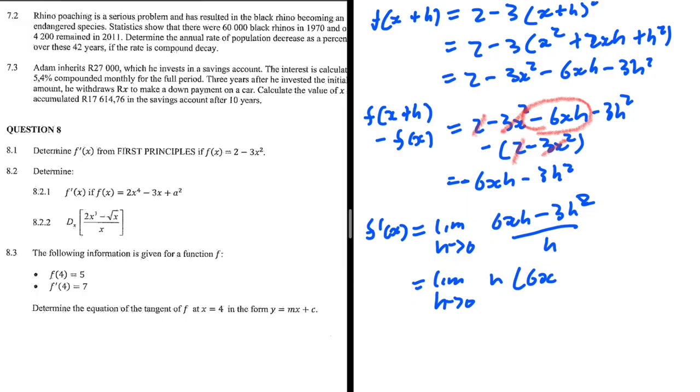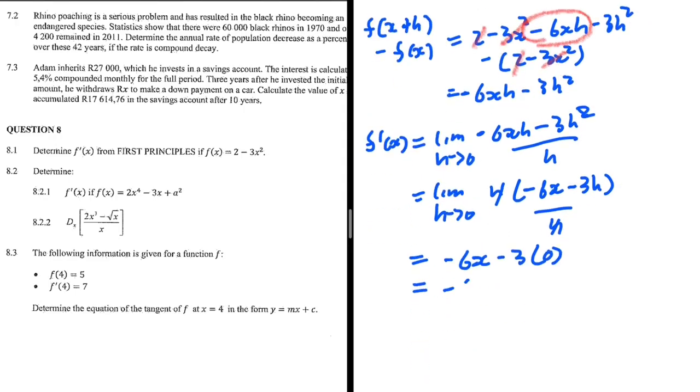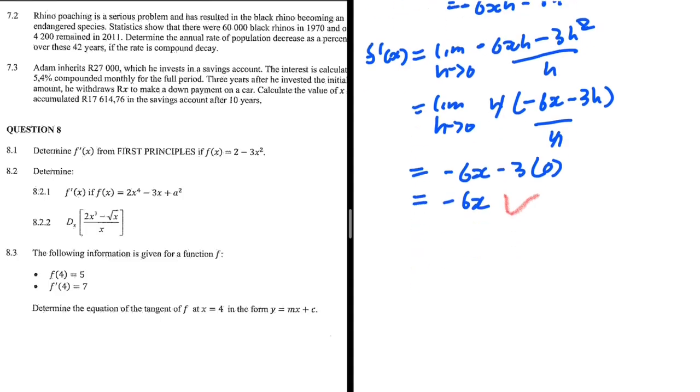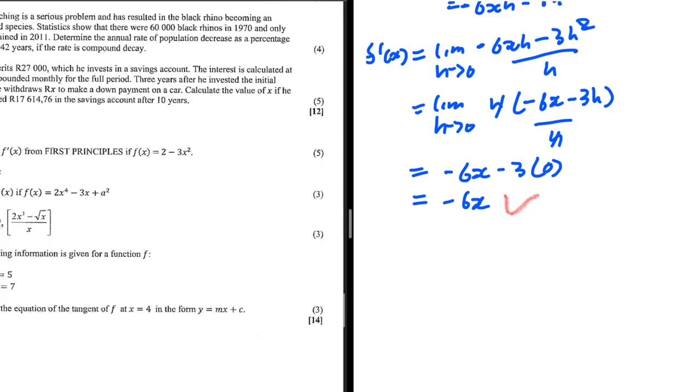So when you take the common factor, we're left with minus 6x minus 3h, divided by h. The h's will cancel out. Now let h be 0. We have minus 6x minus 3 multiplied by 0, so this is just minus 6x. It's exactly what we said we should end up with, so we are convinced that we have done everything the right way. That is 8.1. Quite easy to compute, 5 marks.